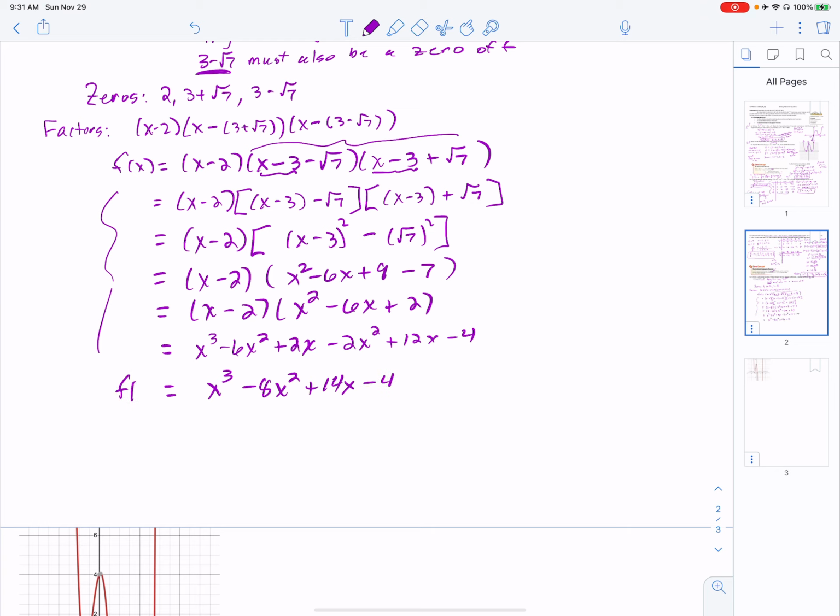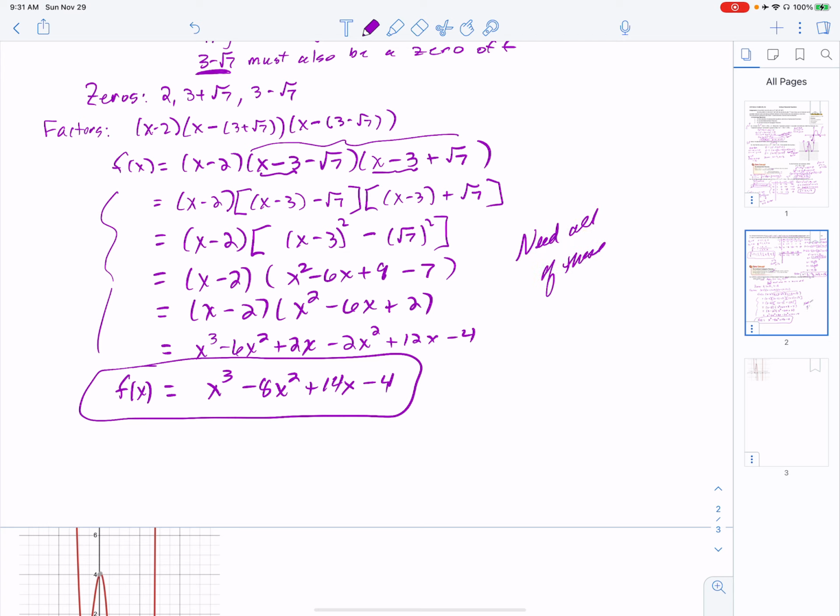And this is equal to, you need a polynomial function, you need the f of x equals, or you don't get credit for it. And you need all these steps to show that you actually are multiplying them out and not just having some other program do it for you.